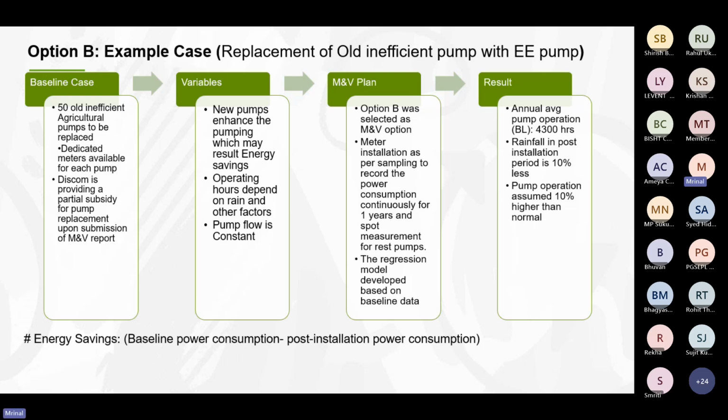So a regression model was developed based on the baseline data, and based on that, the annual saving was estimated. Then adjustment would be done for the rainfall because rainfall is 10% lower than the baseline period. So accordingly, the new pump has to run more to cover the loss of water. So pump operation is assumed 10% higher than normal. So these adjustments have to be done in the assessment of M&V.